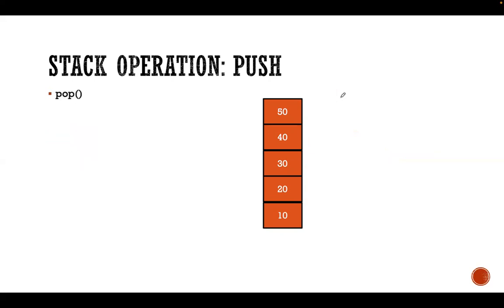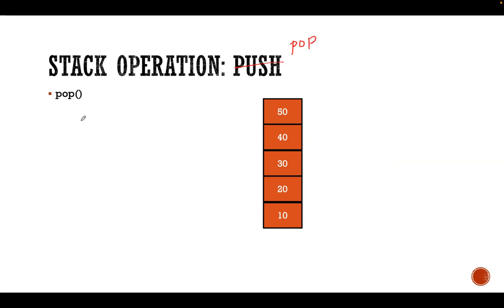Now this is our existing stack. We are going to see how the pop operation works. Pop means delete operation. So this is actually our pop operation. Pop operation doesn't need any parameter.